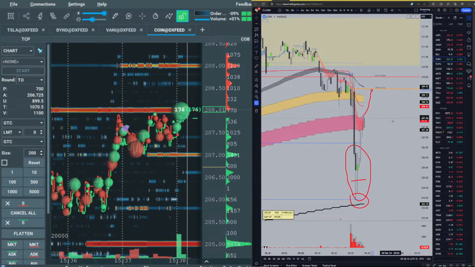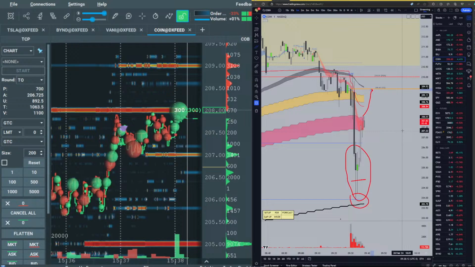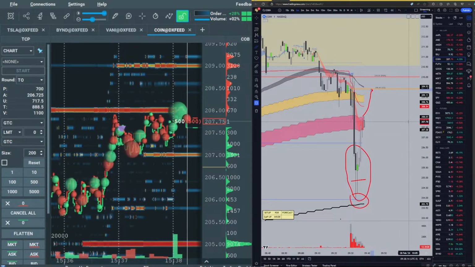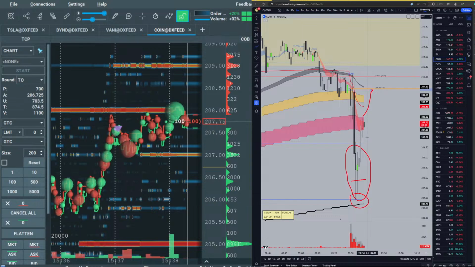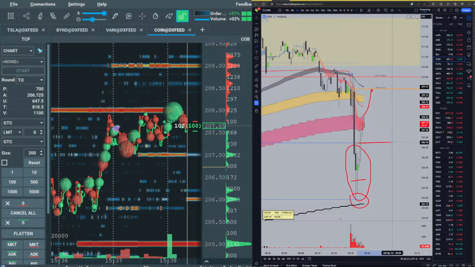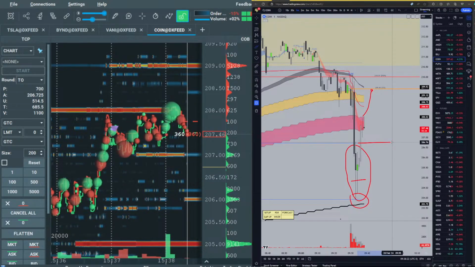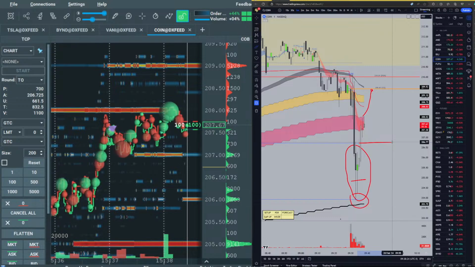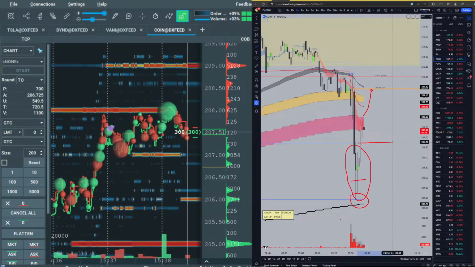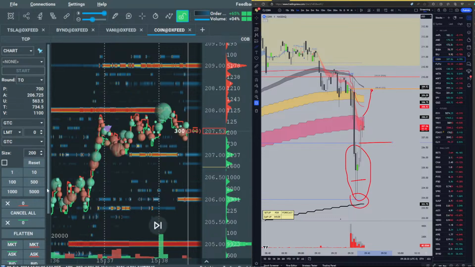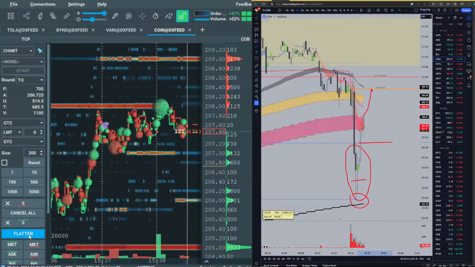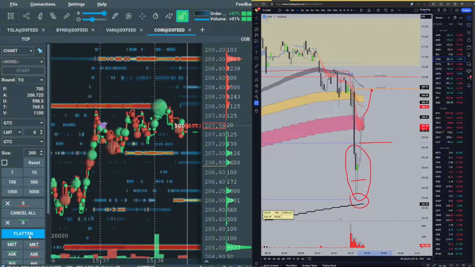Okay, so I'm trying to guide you step by step on this over here. We need to see over here the hold of this level, 206 and 70s. You can always decide, you know, to cut the position. If this doesn't work right away, you have to keep flattened.